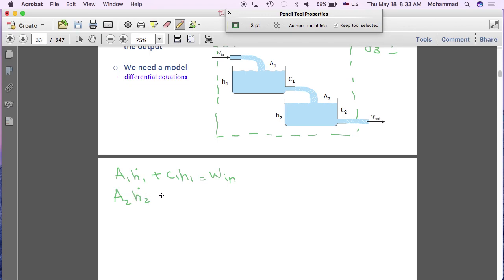Now, what flow comes to the second tank? Because we are modeling the second tank. Which is what? What is the flow out of the first tank?